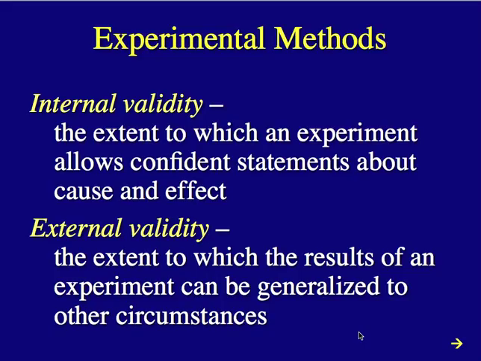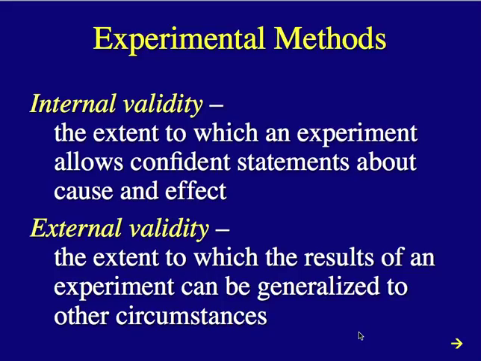With experimental methods, we also have to talk about internal and external validity. To some extent, we've already been talking about external validity. This is the extent to which the results of an experiment can be generalized to other circumstances.